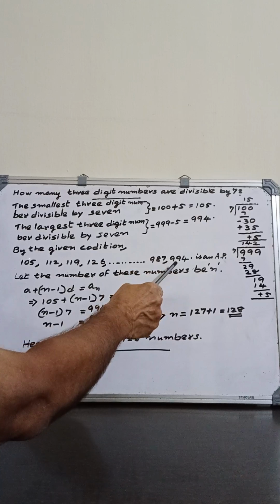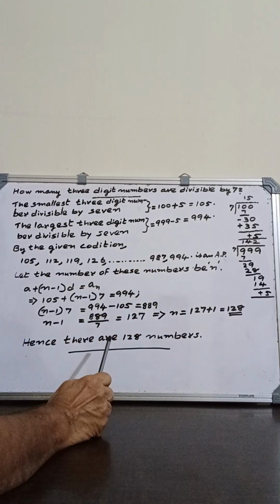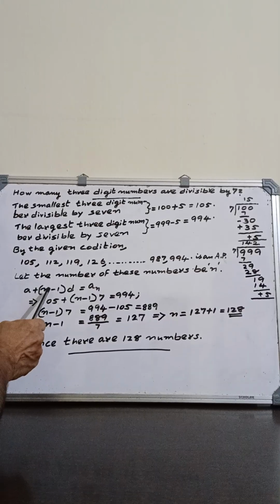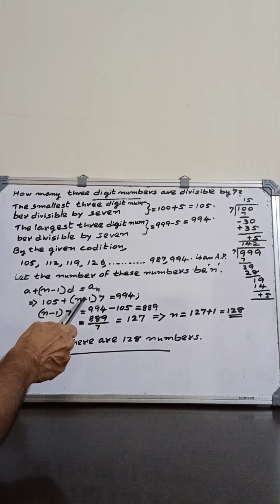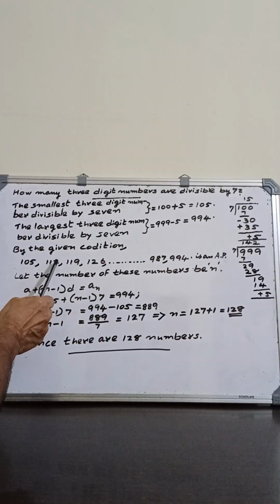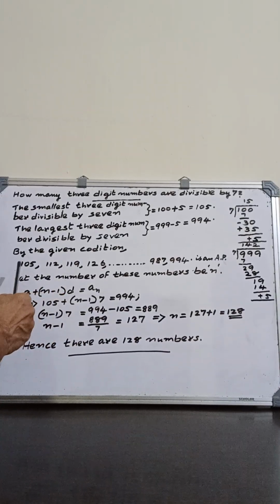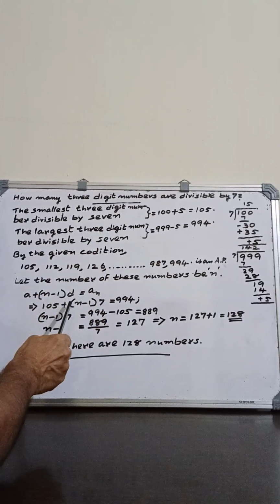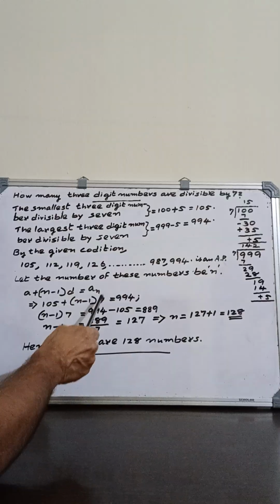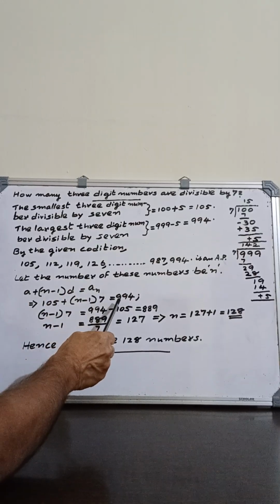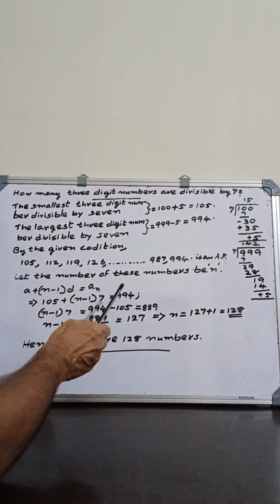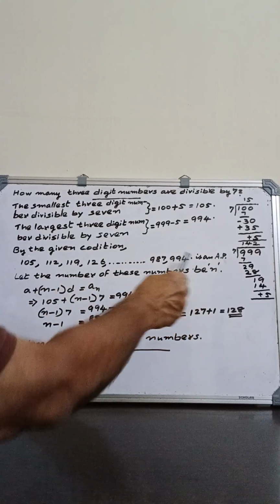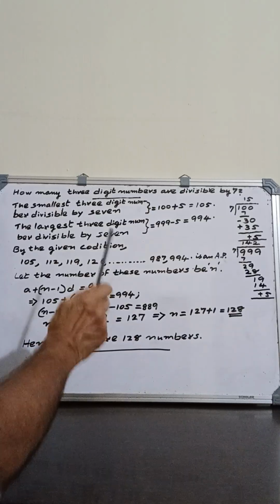The nth term is 994, a is 105, and n we have to find out. 7 is the common difference. Therefore, 105 plus n minus 1 into 7 equals 994. The number of terms in this AP is n, and we have to find that n.